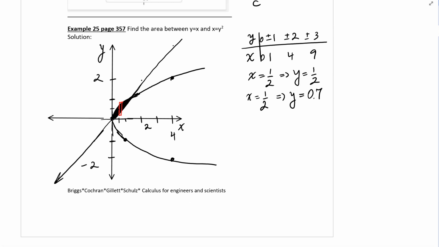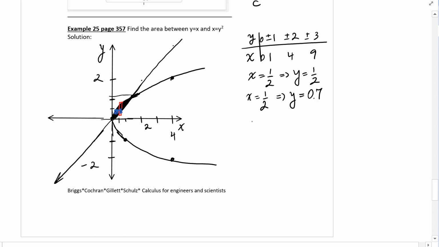So the rectangle that we want is going to look something like this, the blue one. Now, where do these intersect in terms of y? They intersect here, and they intersect at the origin.